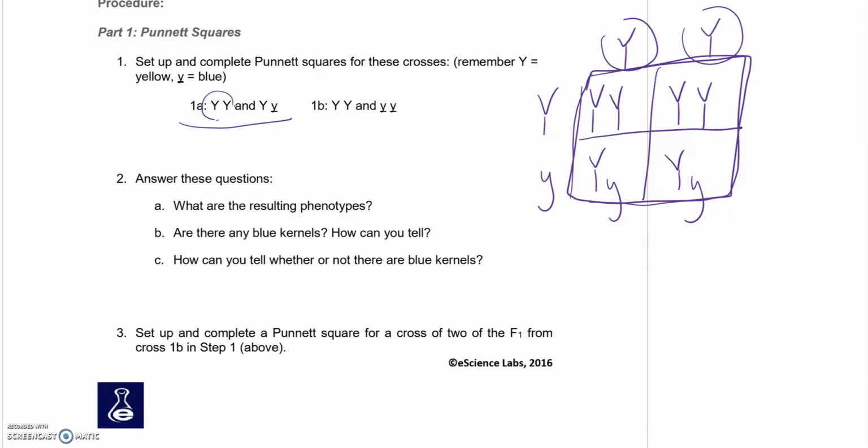No, right? Because every single possibility is going to have at least one of the dominant alleles. Okay, how can we tell whether or not there are blue kernels? Well, we know that Y is completely dominant to little y, therefore, in this case, there will be no blue kernels. Now let's do the other example.